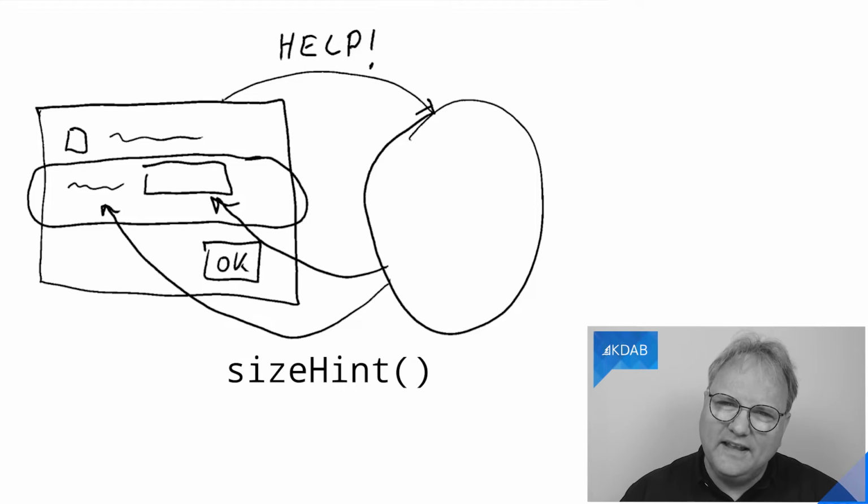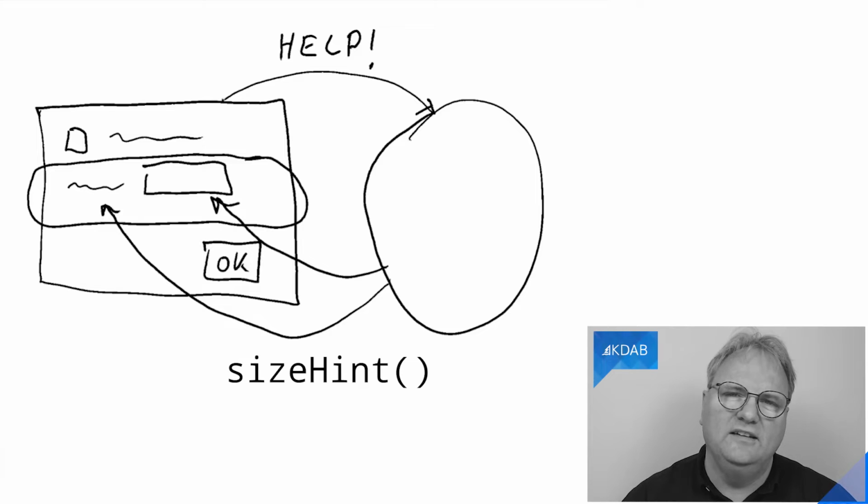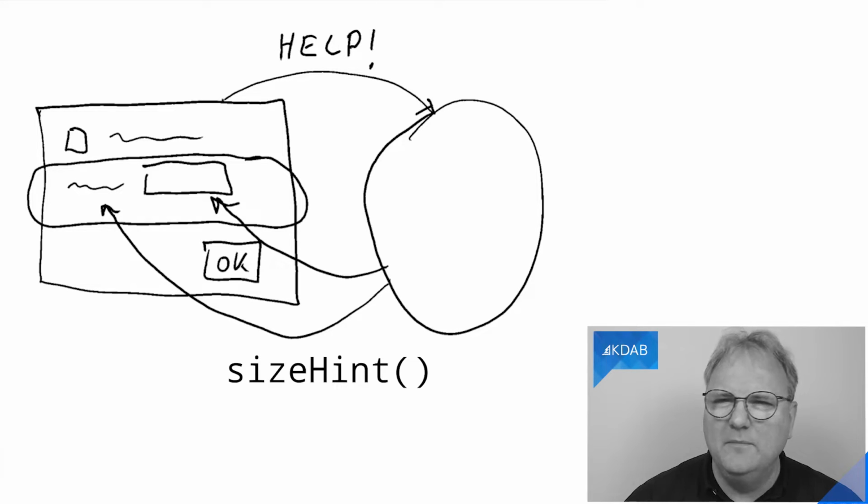Okay, imagine that I was resizing the dialog a bit below the sum of the sizeHint of these two. Then the layout manager would all of a sudden realize it cannot give them both what they want. What it has to do now is ask them, would it be okay with you if I make you a bit smaller? So it would ask the label again, in a perfect world, I know that you want 300 pixels, but it's not a perfect world anymore.